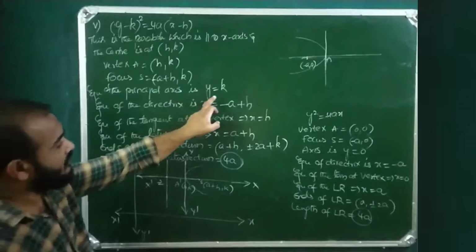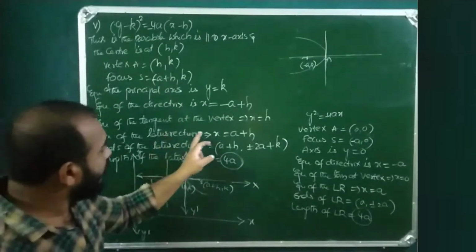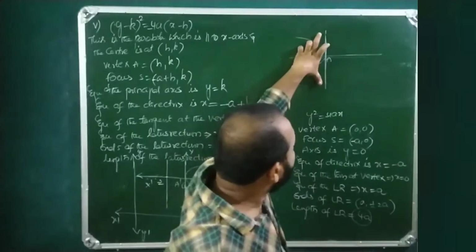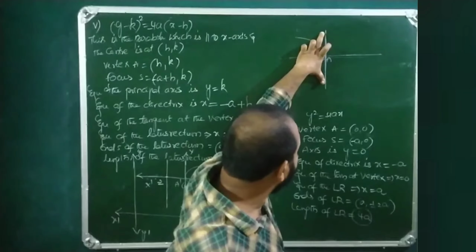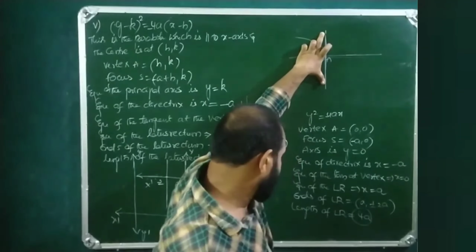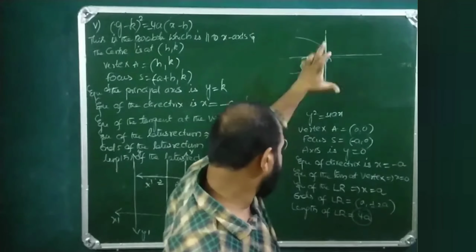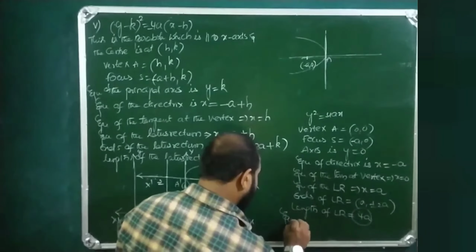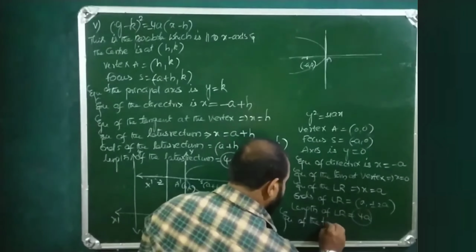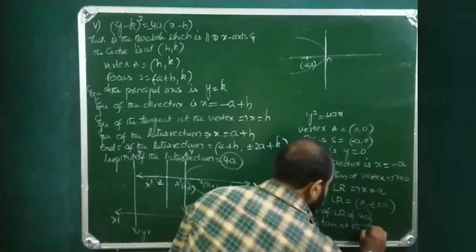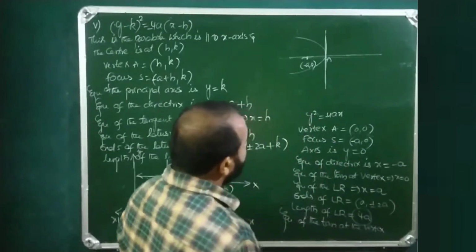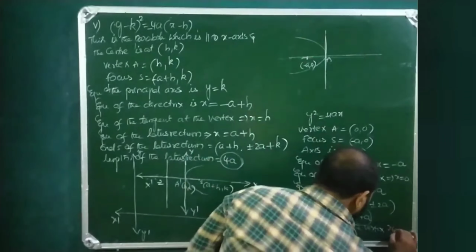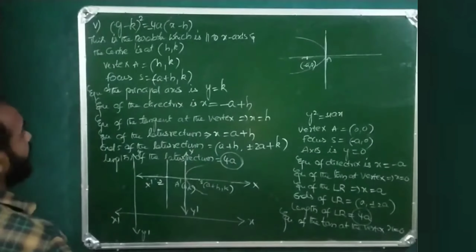Here the equation of the principal axis is y equals to k. And the equation of the tangent at the vertex, this is the tangent. So what is this? Y axis. Y axis is x equals to 0. So which we did not write, I'll write here, equation of the tangent at the vertex is x equals to 0.